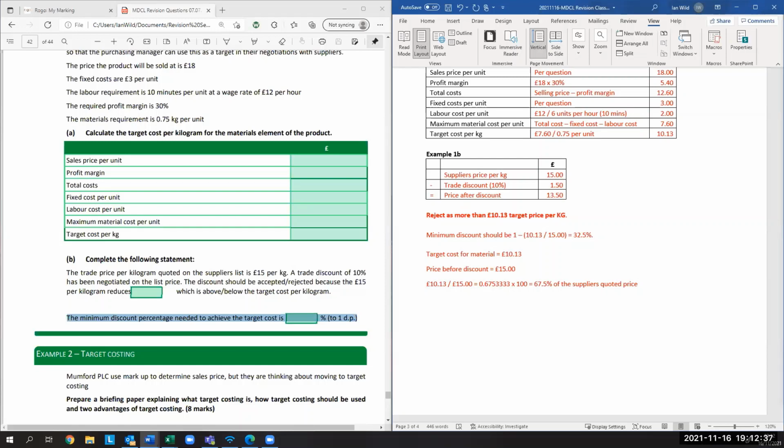So therefore, if we do 1, or 100%, take away 0.675, which is what 67.5% is, we come to 0.325, or 32.5%.